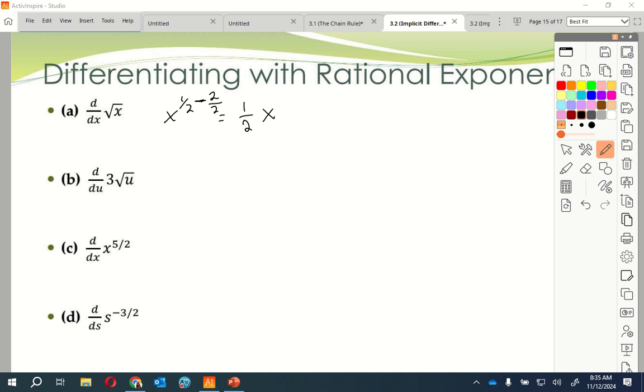So I'm subtracting 1 whole, and that's going to give me a negative 1/2. And to rewrite it with a non-negative exponent, I would get 1 over 2x to the positive 1/2.